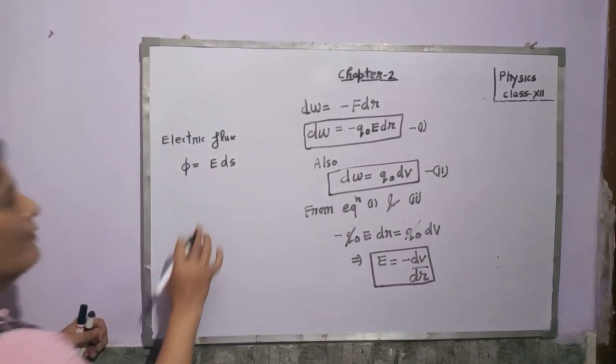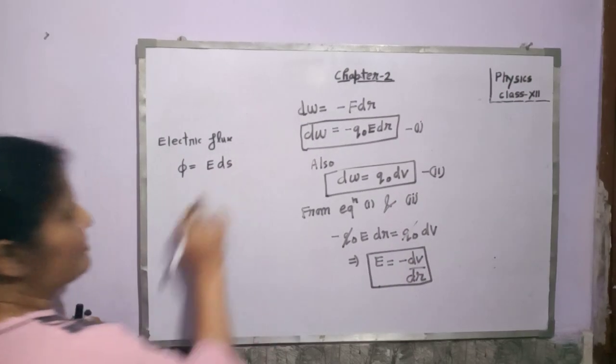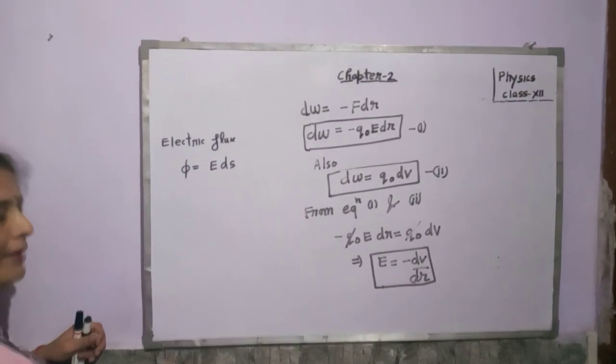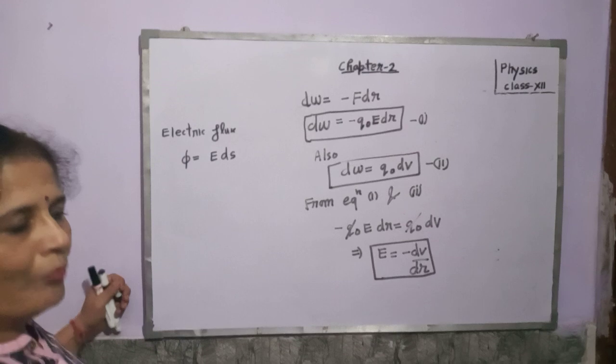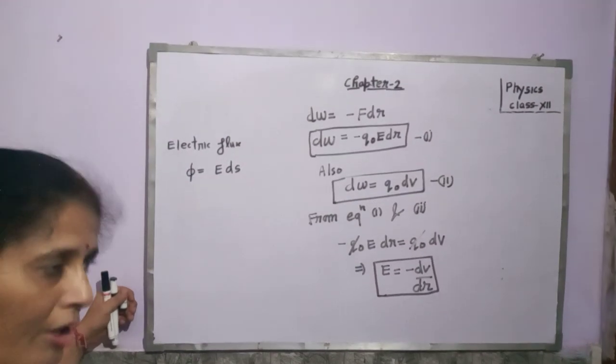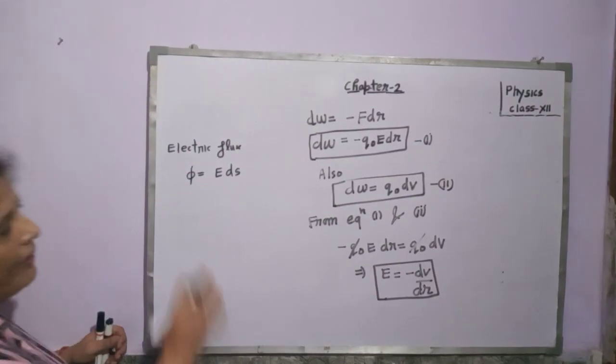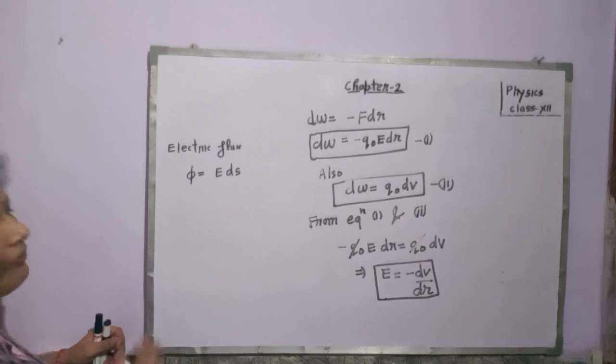The angle between these two vectors is 0 degree. You can say the area vector and electric field both are parallel to each other, or the area is placed perpendicular to the direction of the electric field.